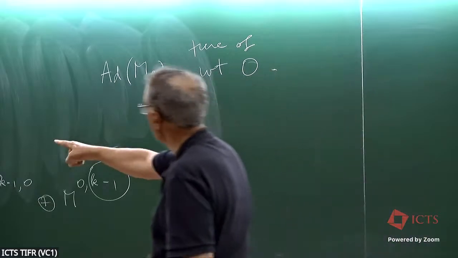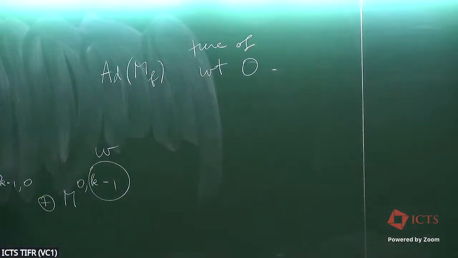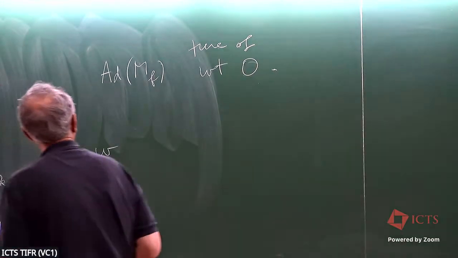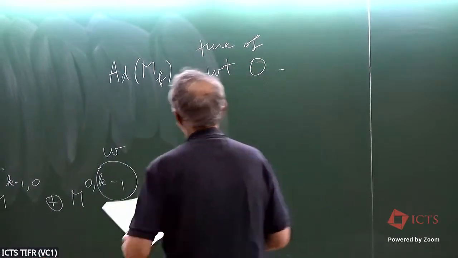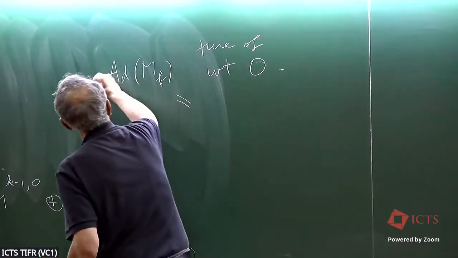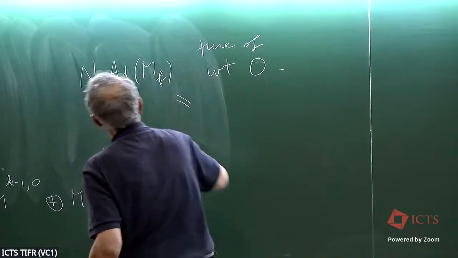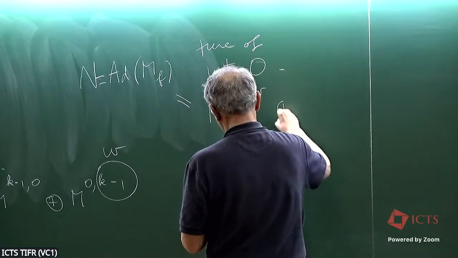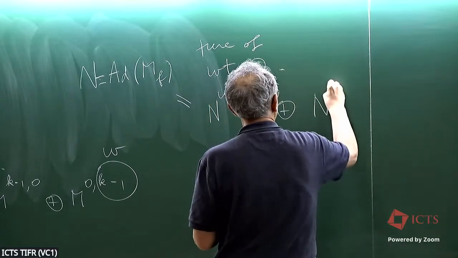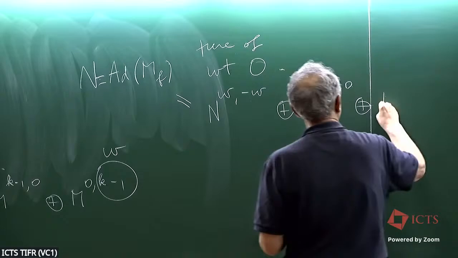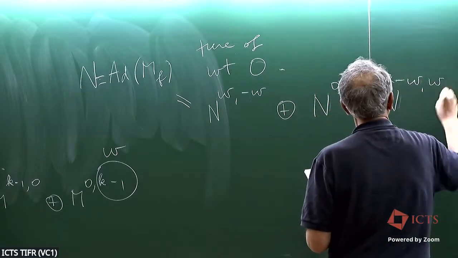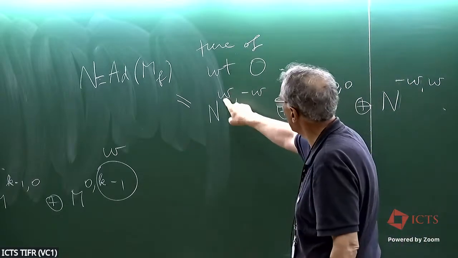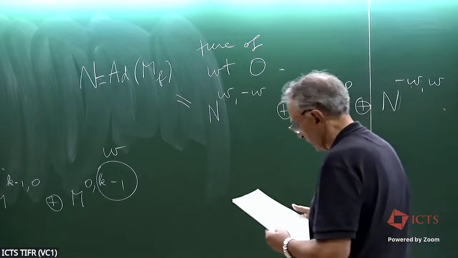So this is pure of weight W. If you call it N, the decomposition is N^{W,-W} plus N^{0,0} plus N^{-W,W}. So the Hodge weights are W, 0, and minus W.